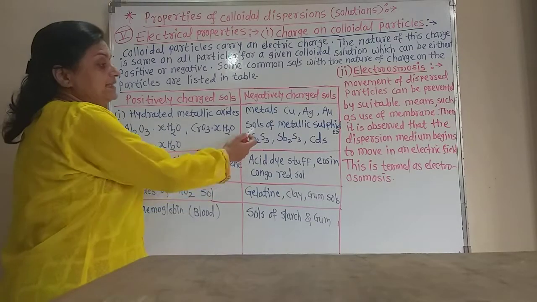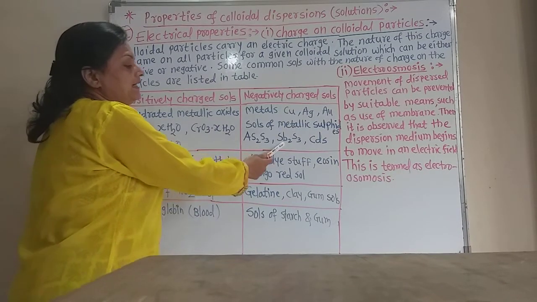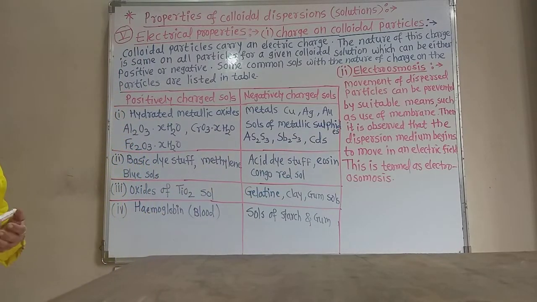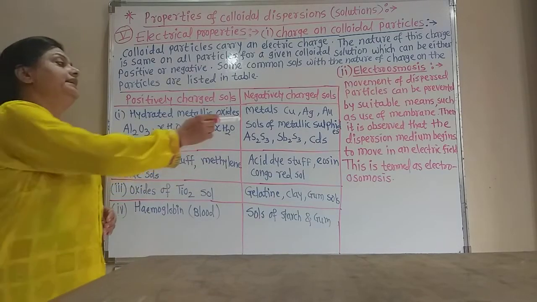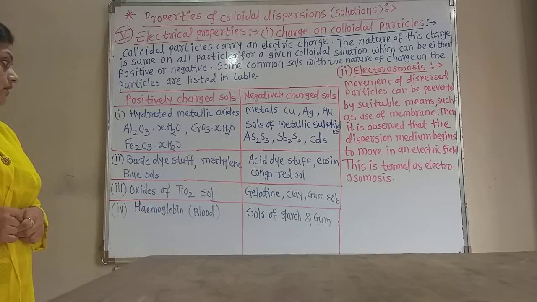The metallic sulfide salts are arsenic sulfide, antimony sulfide and cadmium sulfide. All these metal salts of copper, silver, gold and metallic sulfide salts of arsenic, antimony and cadmium carry negatively charged particles.